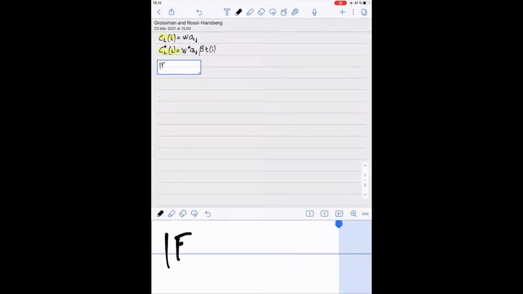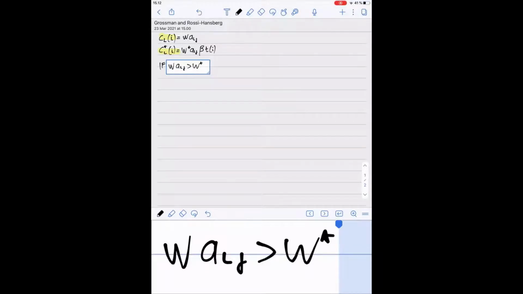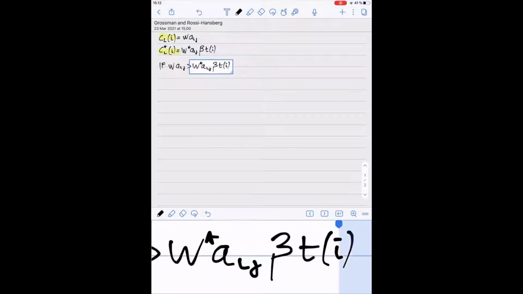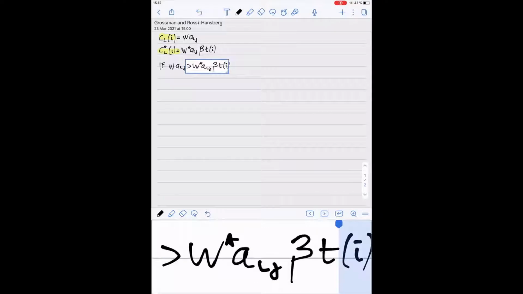If W^J is greater than W star A_L^J beta T(I), right, well, we see that here we can cancel out the A_L^J.